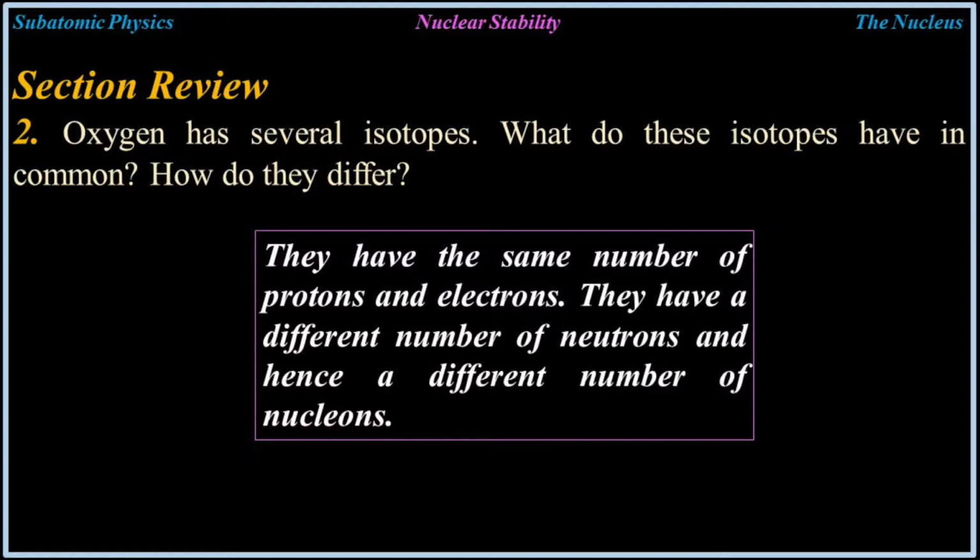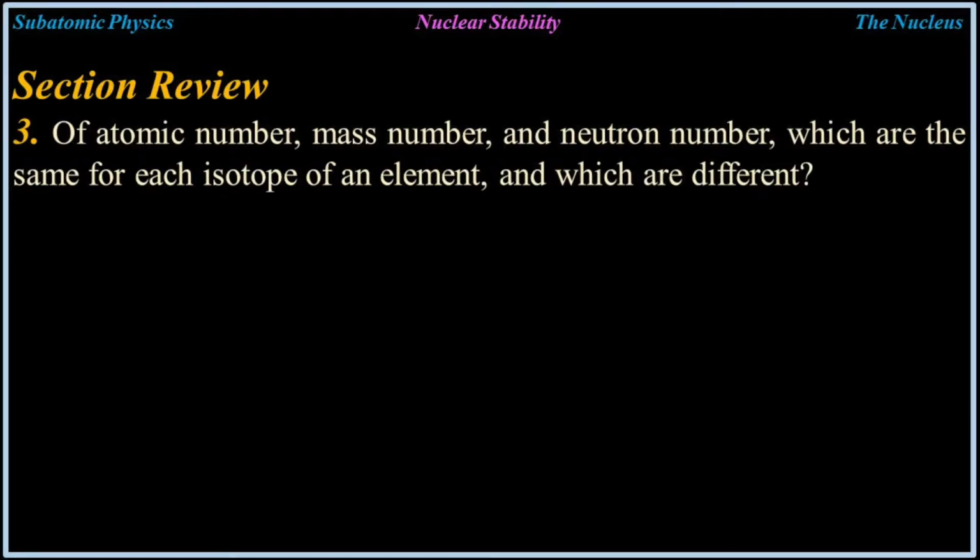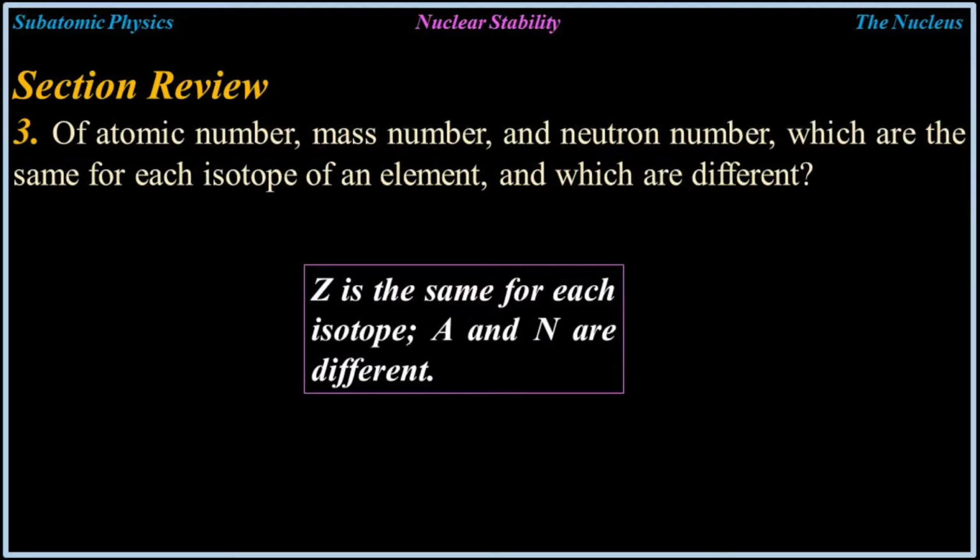They have a different number of neutrons and hence a different number of nucleons. Of atomic number, mass number, and neutron number, which are the same for each isotope of an element and which are different? Z is the same for each isotope. A and N are different.